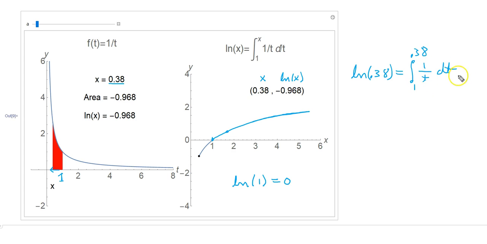But you notice that we currently have the smaller number in the upper limit of integration and the larger number in the lower limit of integration. So if we want this to actually represent the area of this red shaded region, we would have to flip these two numbers. Now when we flip these two numbers, recall, we're going to get a negative being introduced. So when we flip these two numbers, we're going to get this.